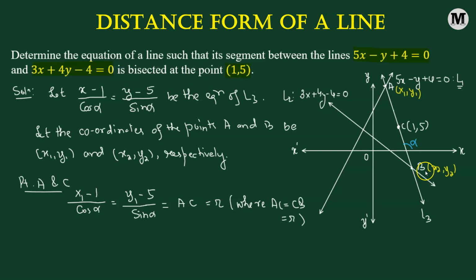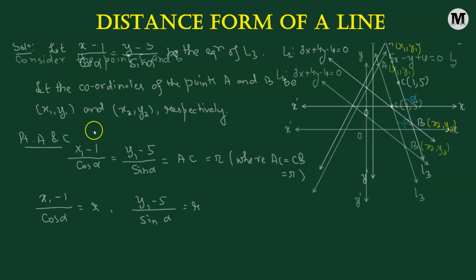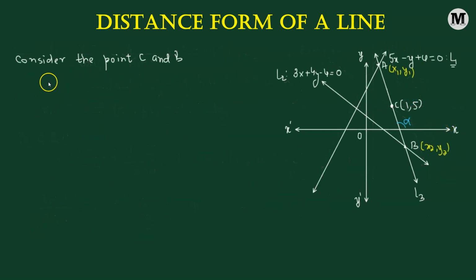Next, we're going to find in a similar fashion the coordinates of point B, represented in the parametric form. Again, we apply the distance form. This time we have 1 minus x2, because the point B lies to the right of the point C. So we have 1 minus x2 divided by cosine of the angle alpha, equal to the difference of the y coordinates, 5 minus y2 divided by sine of the angle alpha, and this is equal to the length BC, which we have considered to be r.